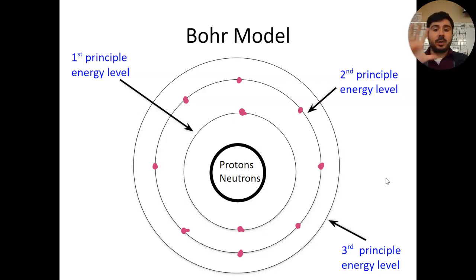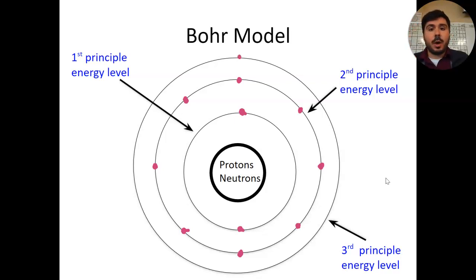But this particular Bohr model has a third principal energy level. It's our outermost in this case. There's only 3 principal energy levels in this Bohr model here. So any electrons I place on this third principal energy level are going to be my valence electrons.